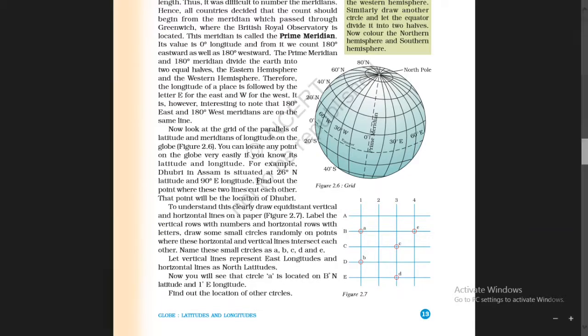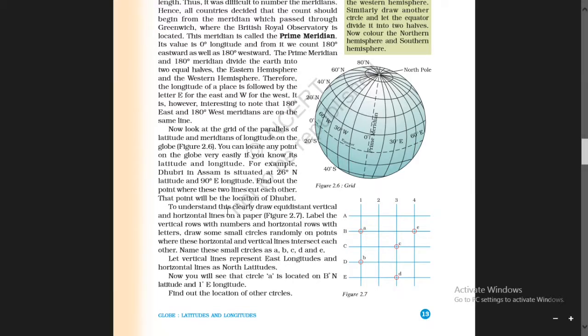Find out the point where these two lines cut each other. That point will be the location of Dhubri. Intersecting means cut each other. That is the place where Dhubri is located.